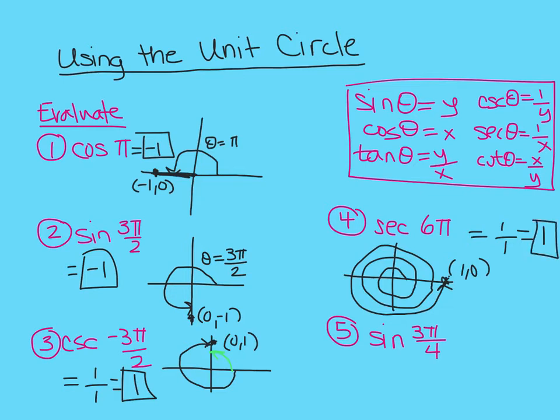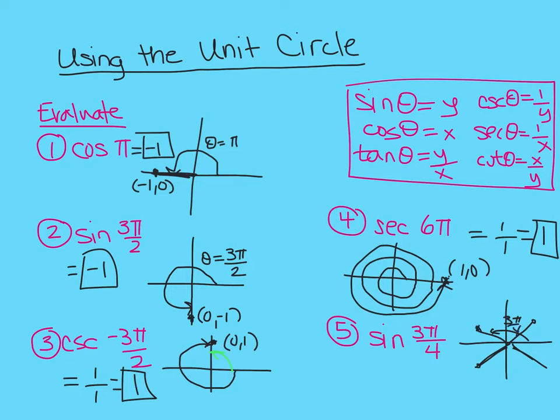The last one, I gave you one of these pi over 4s. Keep in mind that for all of them, if it's over 4, it's in the exact middle of the quadrant. It's a multiple of 45 degrees. So if you have a pi over 4, you can remember that it goes in the middle. This one is equivalent to 135 degrees.